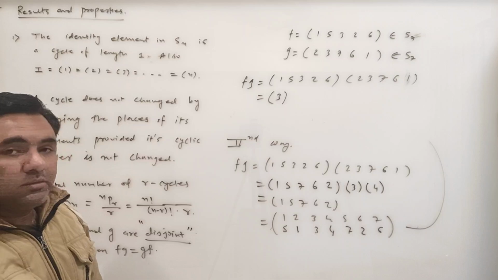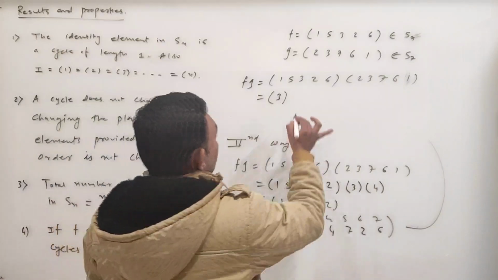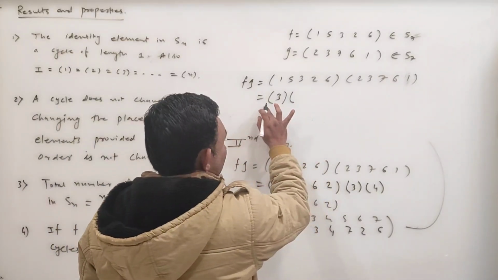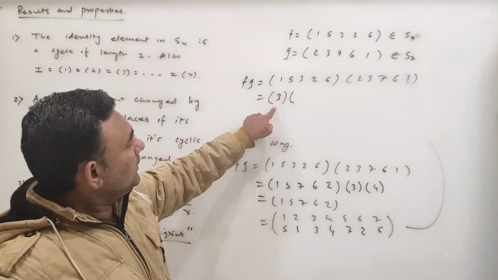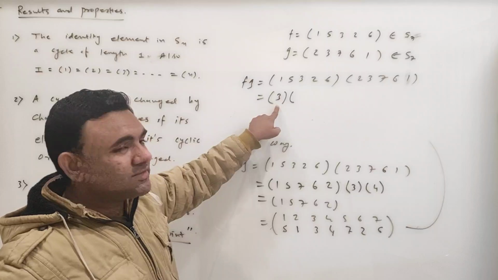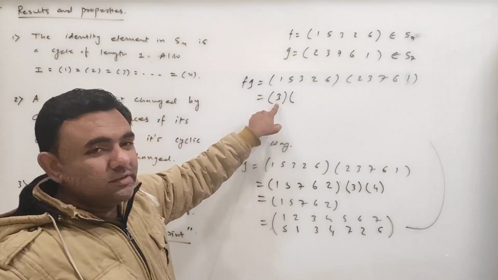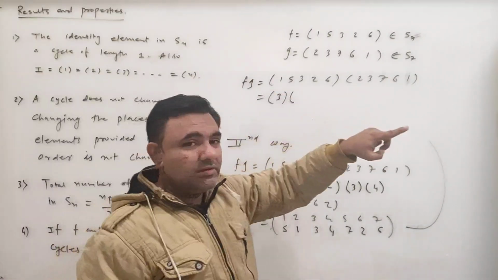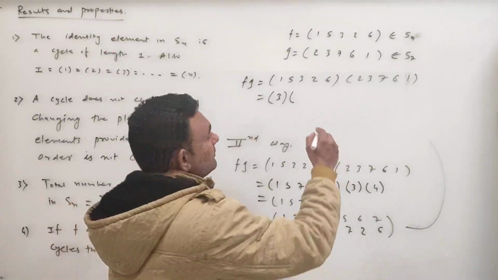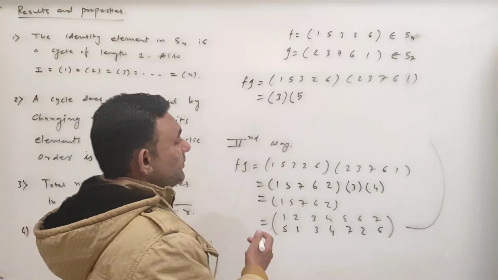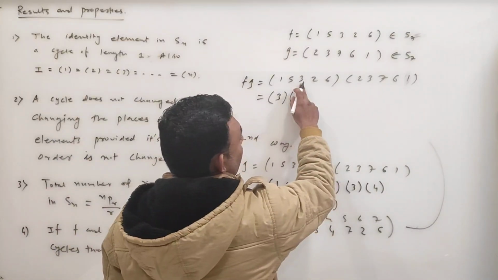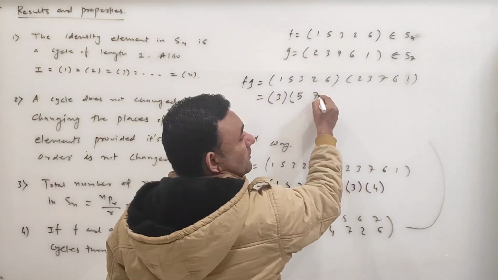Right? Okay. Now you can start with any object which is missing here. Here 3. Then what is missing out of 7? 5 is missing. So let me start with 5 also. So 5 goes to 3, and here 3 goes to 7.